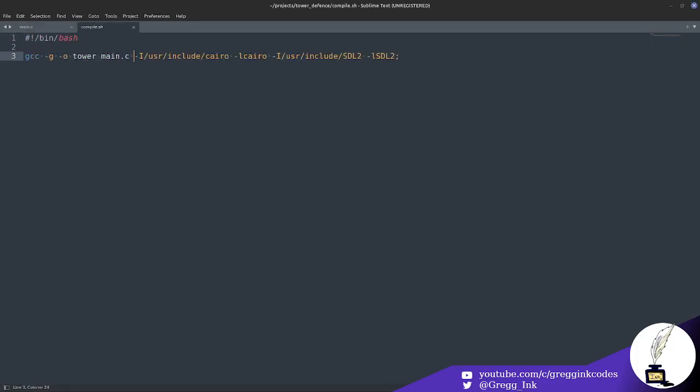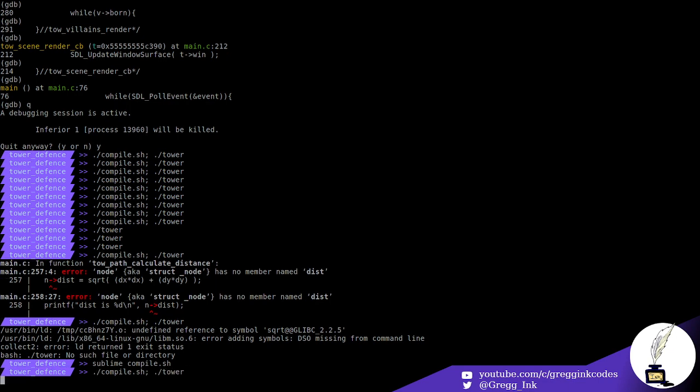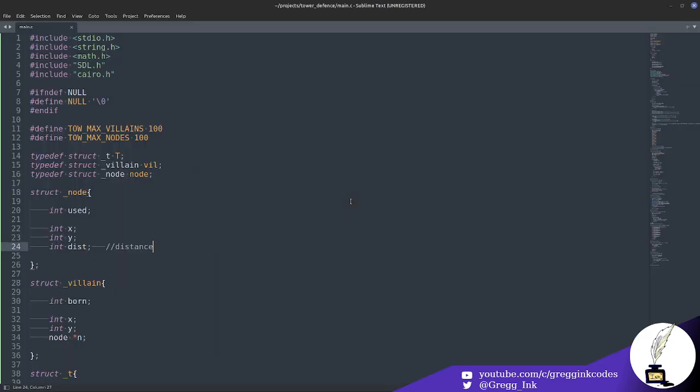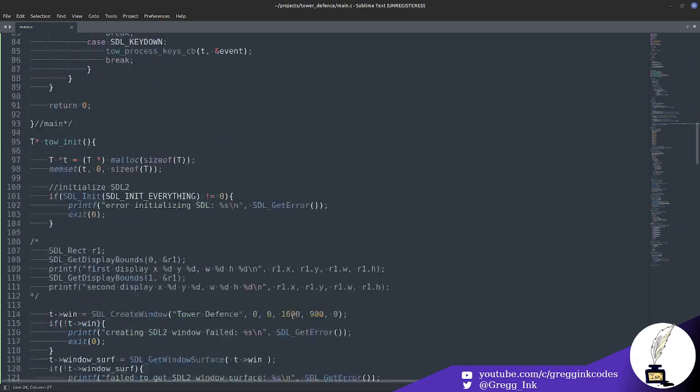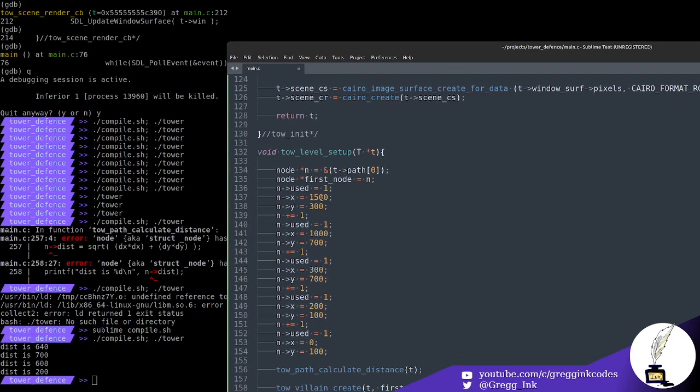So dash lm for the math part of the math module. Okay, 640, 700, 608, and 200. Do those sound like sane numbers? 1500 to 1500, but of course it drops.